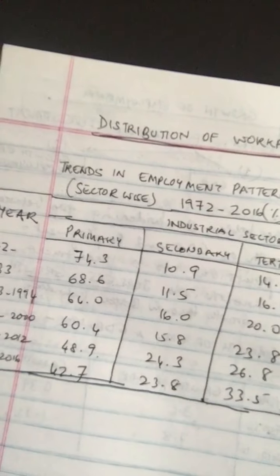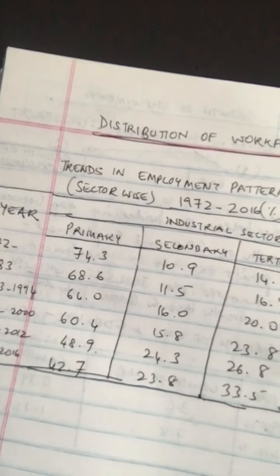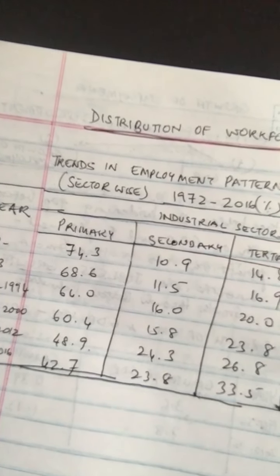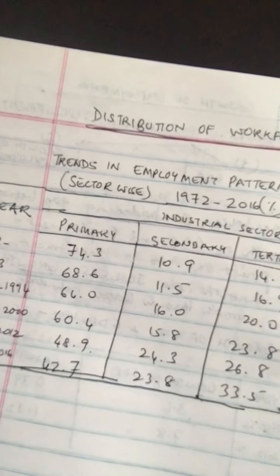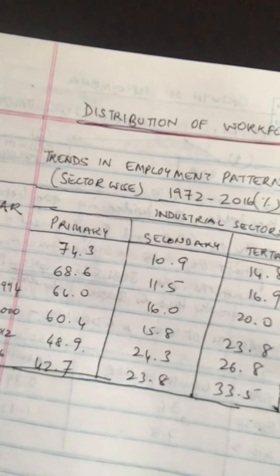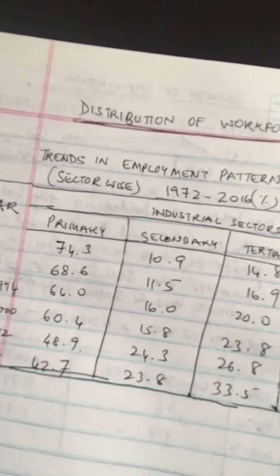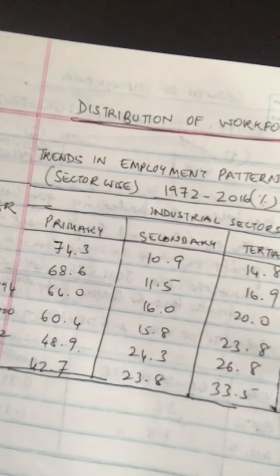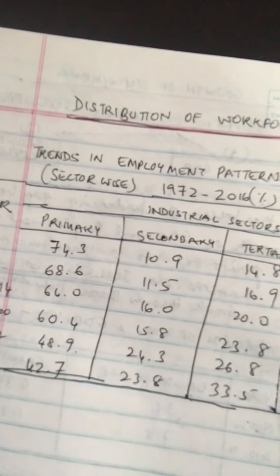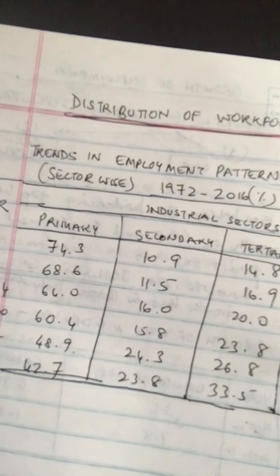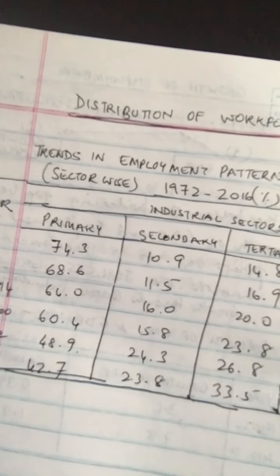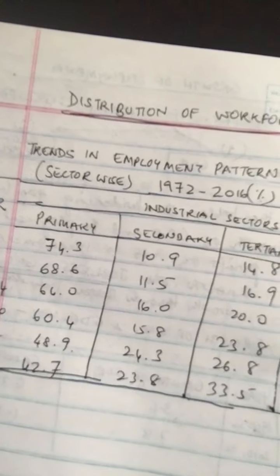So we're going to talk about the type of employment generated in the Indian economy, and the following table shows the distribution of workforce by industrial sectors during 1972 to 2015-16. The above distribution shows that there has been a substantial shift from farm workers to non-farm workers.